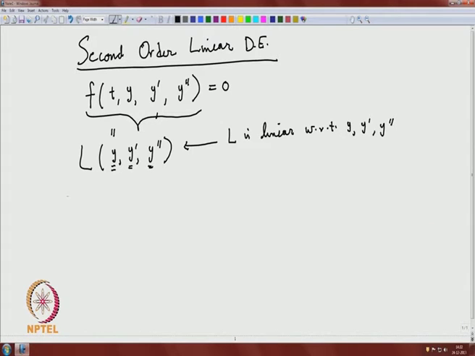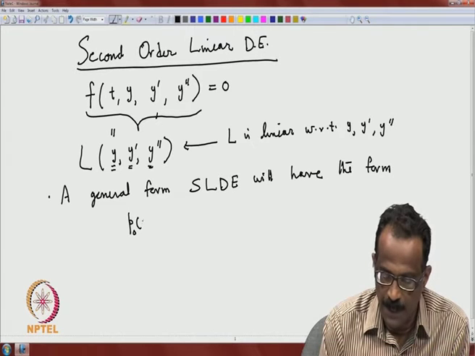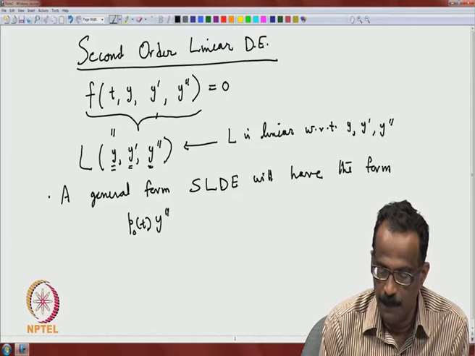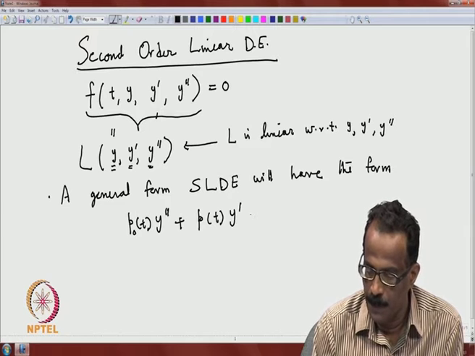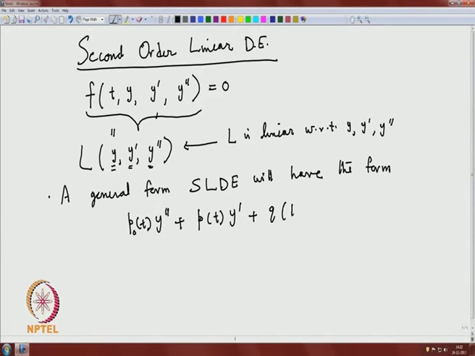Then from linear algebra, it is not a difficult thing, a general form of second order linear differential equation will have the form P naught of t y double prime plus P of t y prime plus Q of t y equal to R of t.